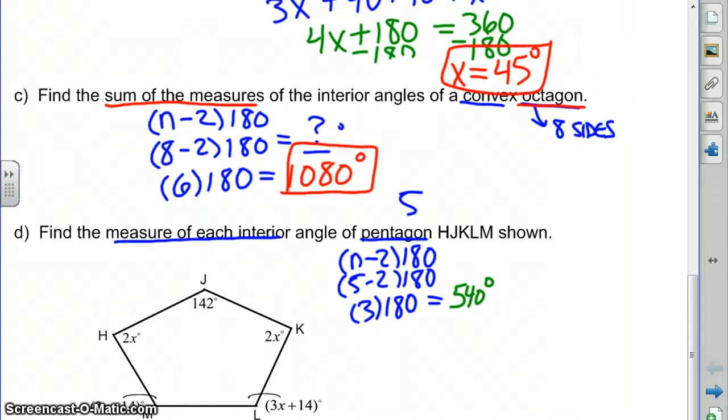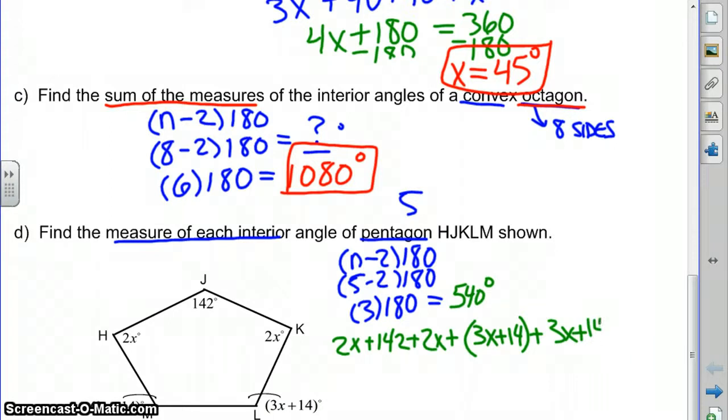So let's start with h. 2x plus j, which is 142, plus k, which is 2x, plus l, 3x plus 14, plus m, 3x plus 14. All of that equals 540 degrees.